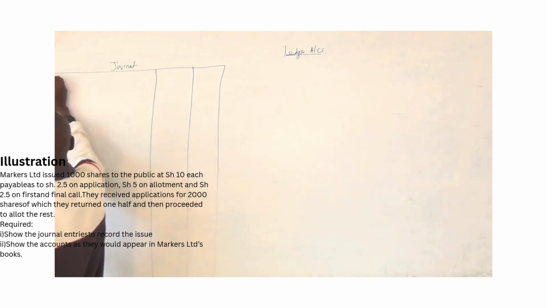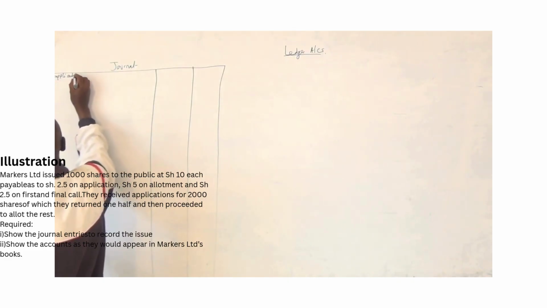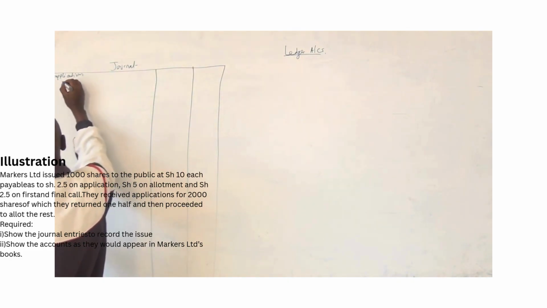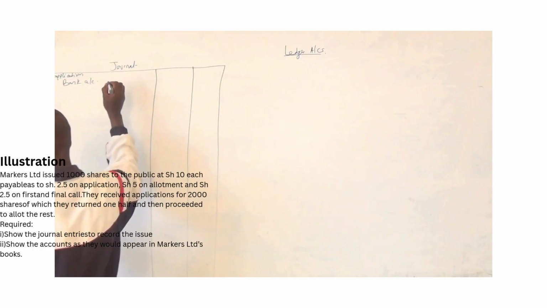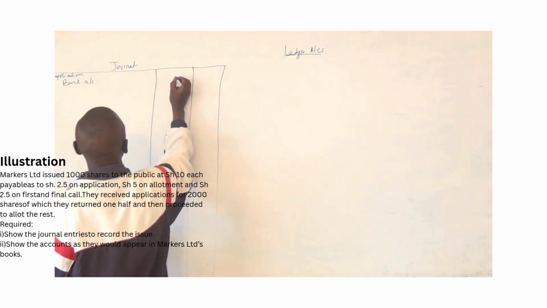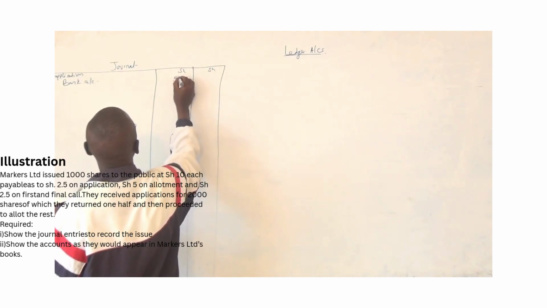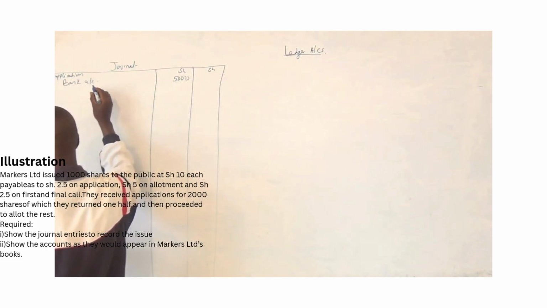On application, bank account 5,000. Then you credit share application.